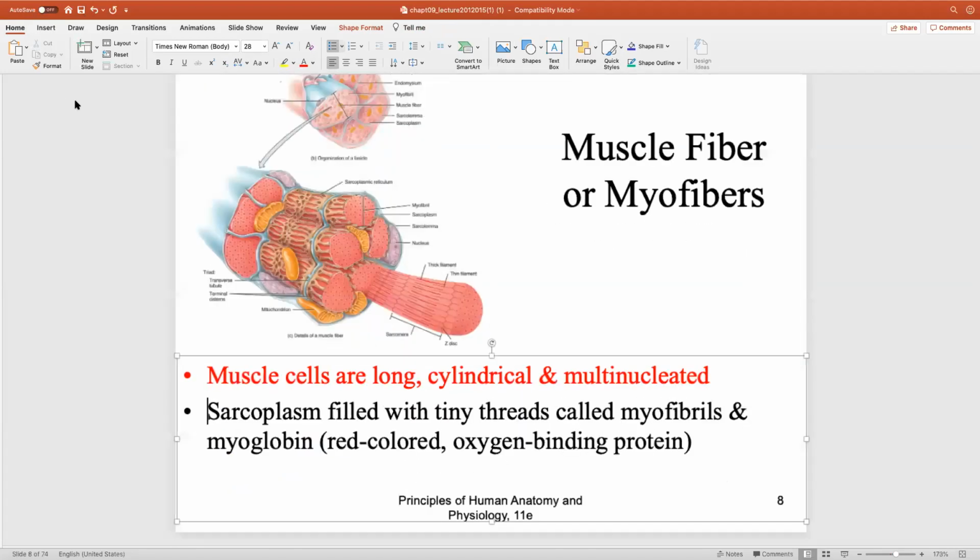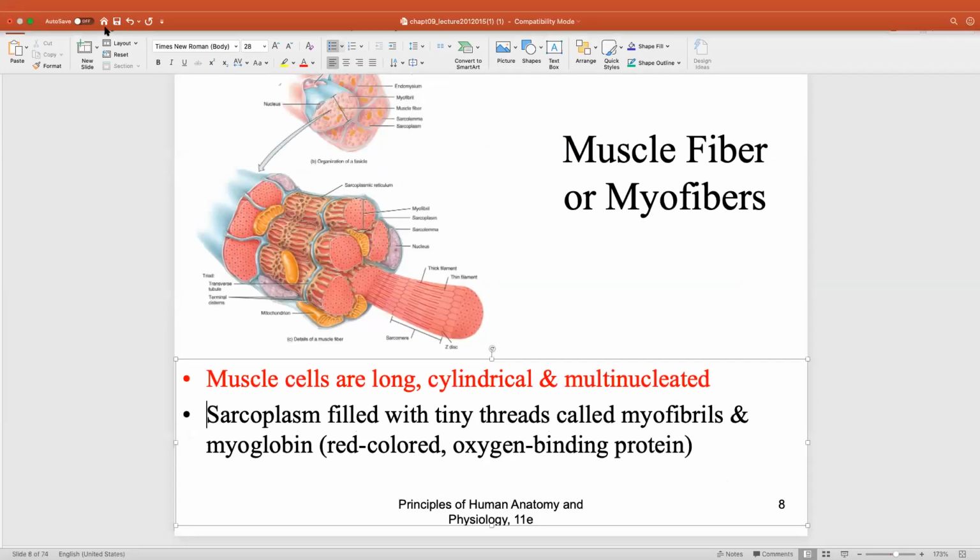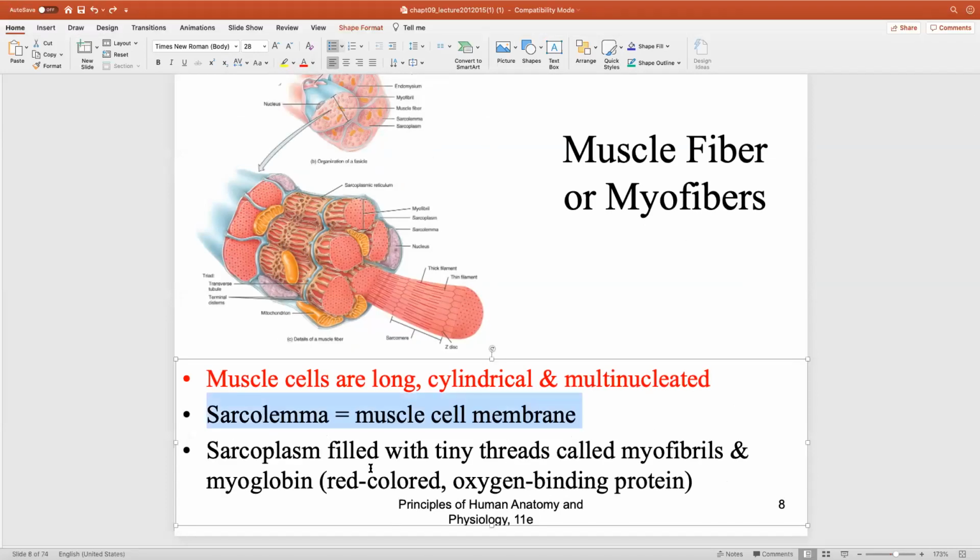The main purpose of the sarcolemma is to transmit action potentials. It's going to have lots of voltage-gated sodium and voltage-gated potassium channels, and also sodium-glucose receptors as well, things like that which allow fueling.